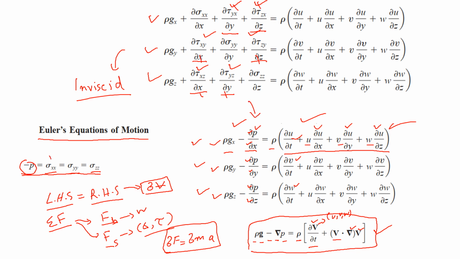And by taking all the stresses as negative P, we put all the normal stresses in terms of negative P, and we wrote a more generalized form of this equation like this. And this equation is also called the Euler equation of motion. So this was what we derived by taking the conservation of linear momentum in the differential form. So hope you understand that, and now let's move forward.